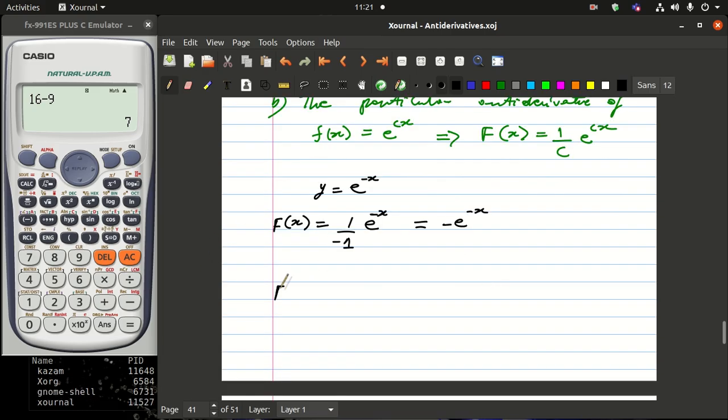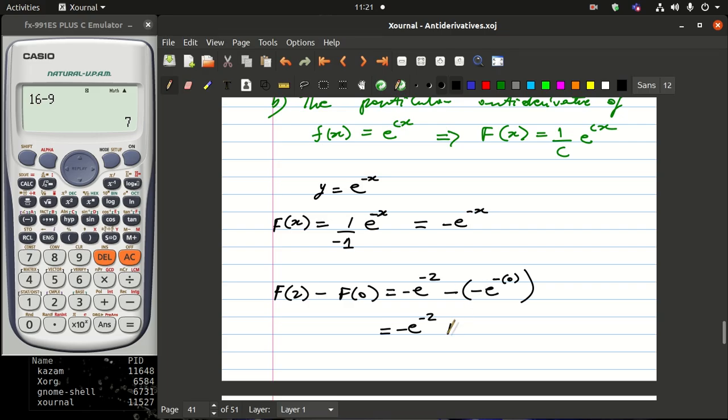Now, when you look at the f of 2 minus f of 0, this is going to be minus e raised to minus 2, and then minus, what is f of 0? It is going to be minus e raised to minus, in the place of x, I am plugging in a 0 there. And then, of course, when you look into this, this is still going to be minus e raised to minus 2.